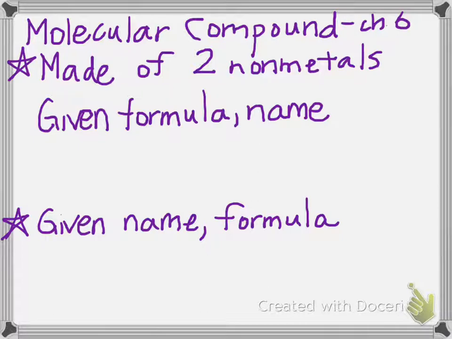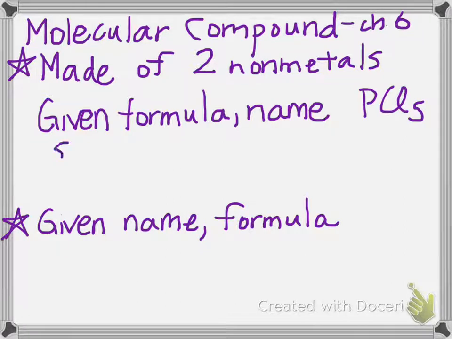So if you're given the formula, how do you write the name? For example, PCl5. Okay? So remember, when we're given the formula and we do the name, hopefully again you remember how we do this. The subscripts become prefixes.